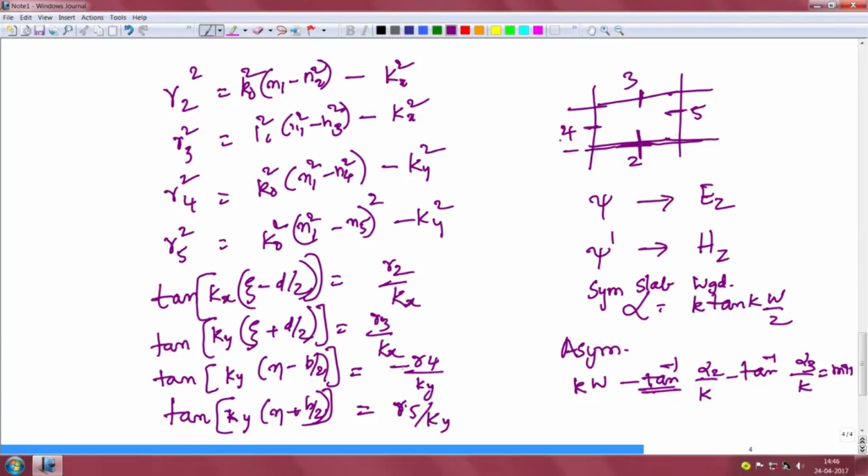So, please check the arbitrariness of the sign used maybe.